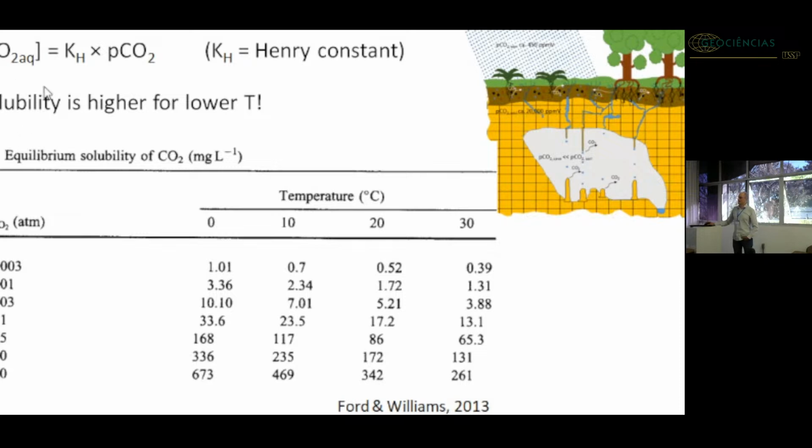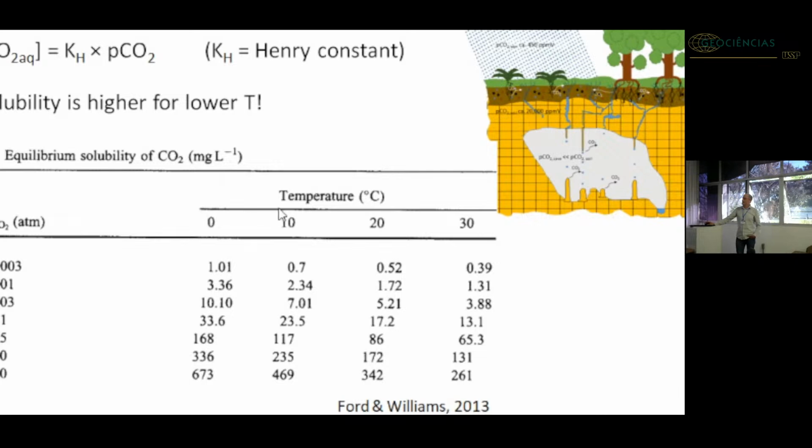The important thing to note here is that the solubility of CO2 is higher for lower temperatures, which means if the temperatures are lower, you can in principle dissolve more CO2 in the solution. This is what's shown here.